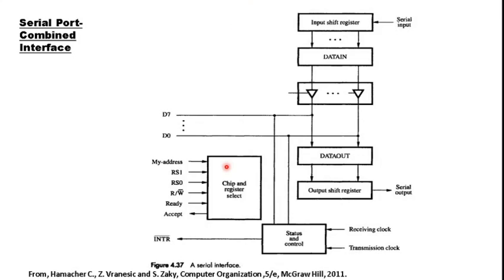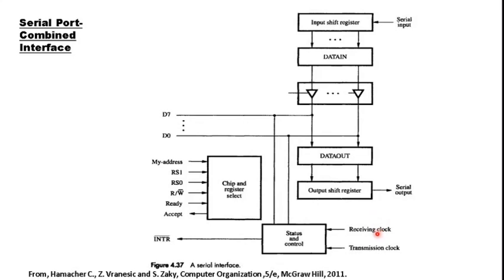So these are the important components within this serial interface. And similarly, the serial interface or serial I/O is characterized by clock. Along with the transmitted bit, there will be a clock signal telling the meaning or the timing information of each bit.